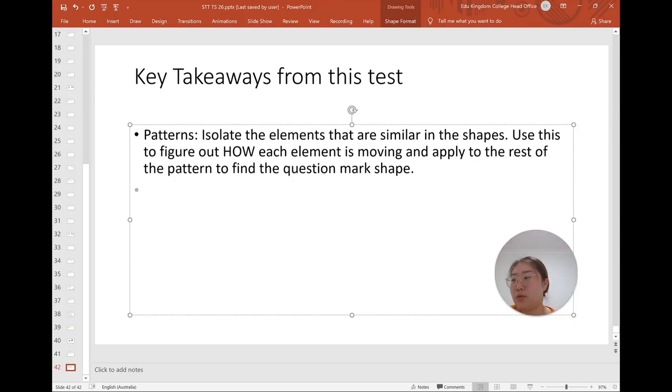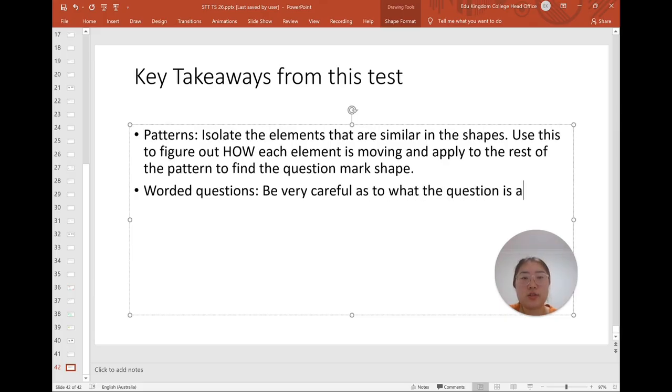One more thing, I'm talking about the worded questions. Be very careful as to what the question is actually asking for. Is it asking for the best answer option?